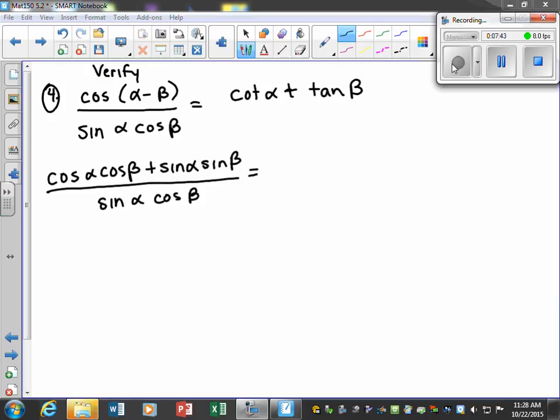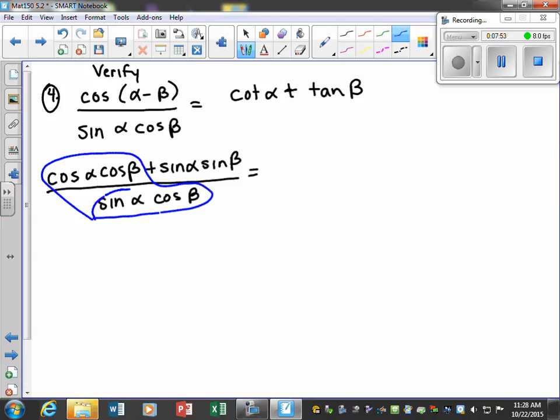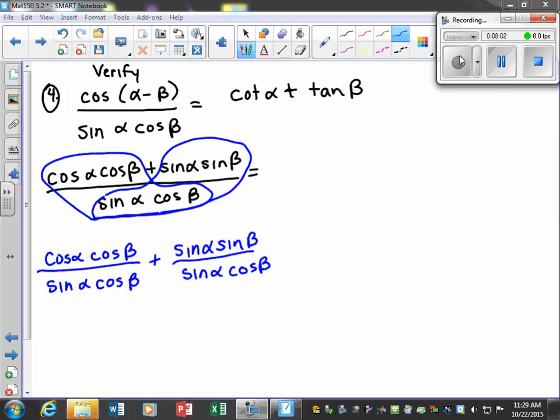After we've done that, we can see that there are two terms over here, so at some point we break this into two. That's going to be one, and then the other one will be this.